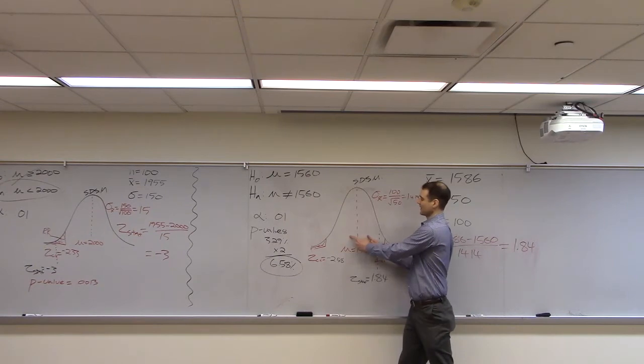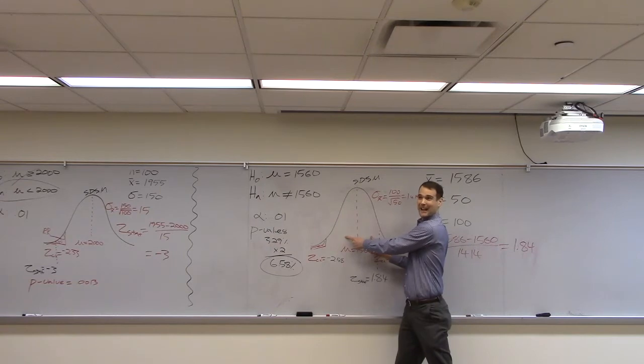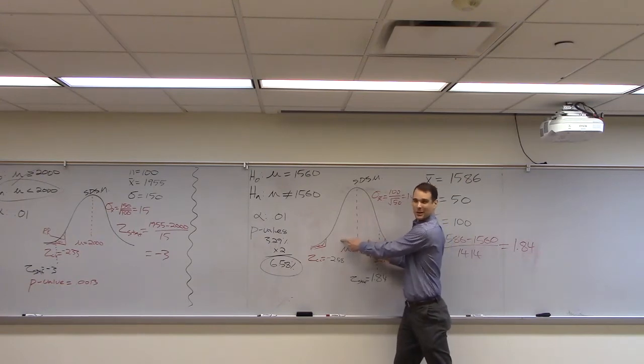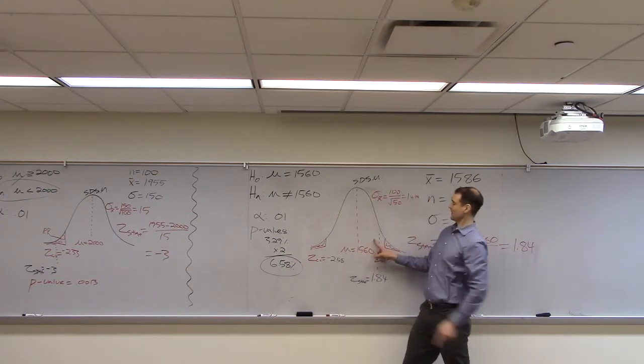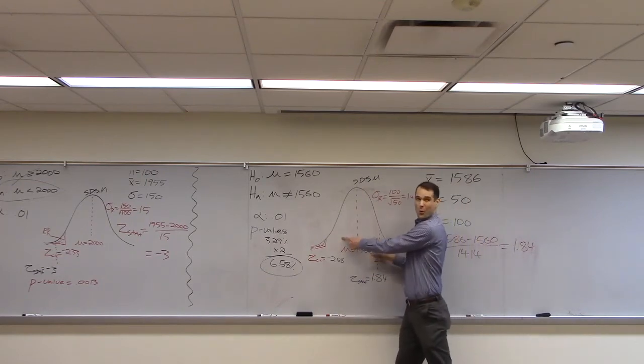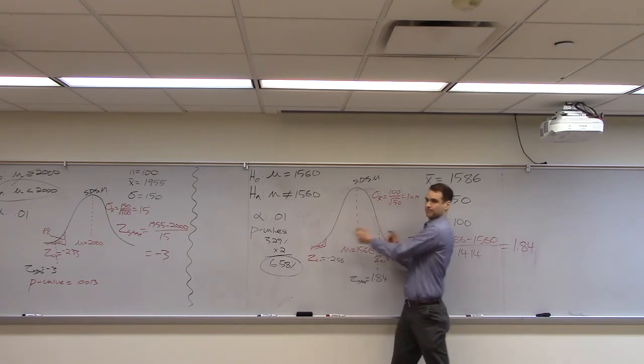But as it gets further and further away, the probability of being that far away is getting less and less. But we look at it from both sides because we don't know whether it's going to be positive or negative. So if we find a sample mean this far above, we ask, what's the probability of being that far away from the true population mean if what the realtor says is true? So we have to double whatever the area under the curve on the sample outcome is.